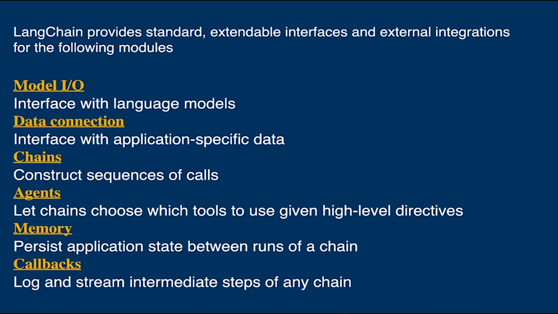The other important feature is data connection. Currently, large language models are trained on generic data. So it provides an interface to integrate with application specific data, domain specific data, so that we can get more domain specific accurate predictions and results.